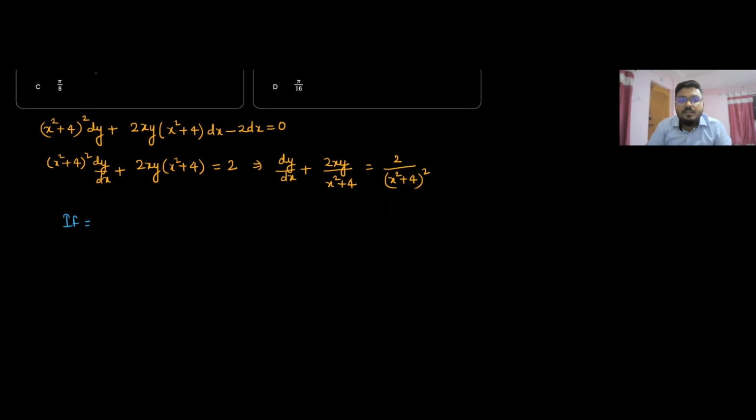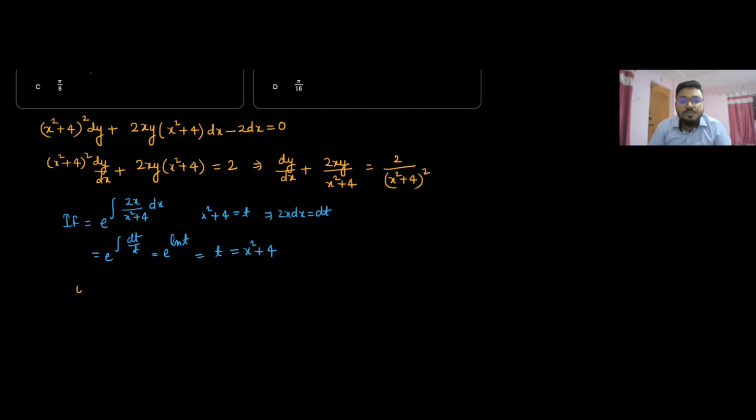So the integrating factor will be e raised to the power integral of 2x divided by x square plus 4 dx. So here if I take x square plus 4 as t, so this will be 2x dx equal to dt. So this integration now becomes e raised to the power integral dt by t, which is e raised to the power ln t, which is t, which is x square plus 4. So the integrating factor is x square plus 4.